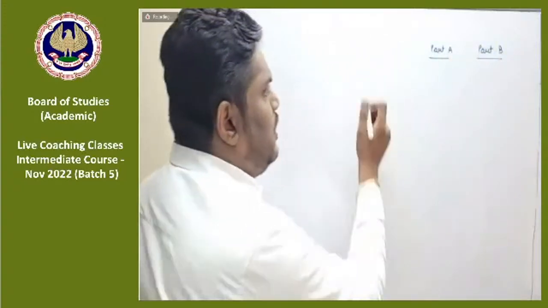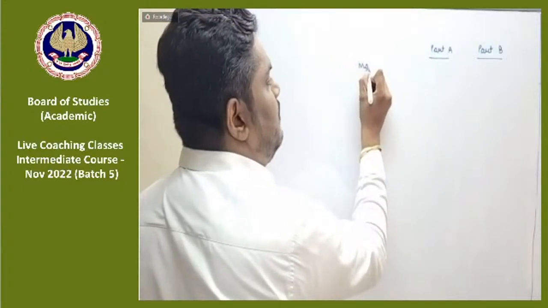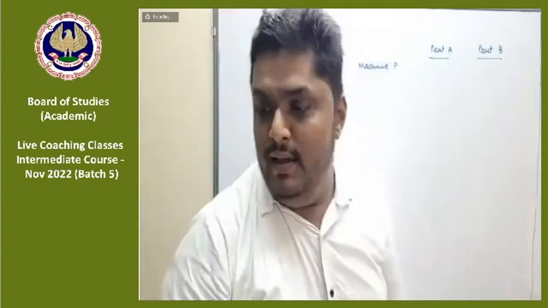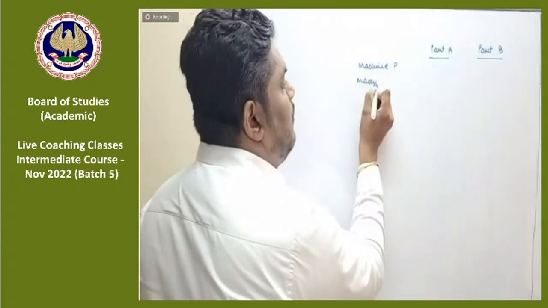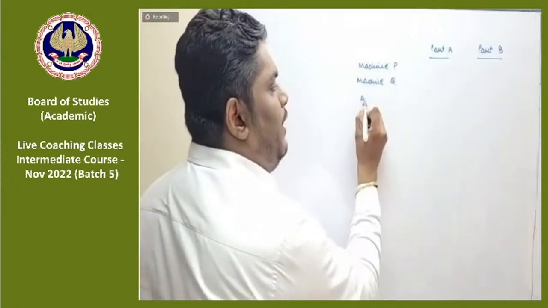So let's talk about the three factors that are responsible for production. That is machine P, machine Q, and alloy.